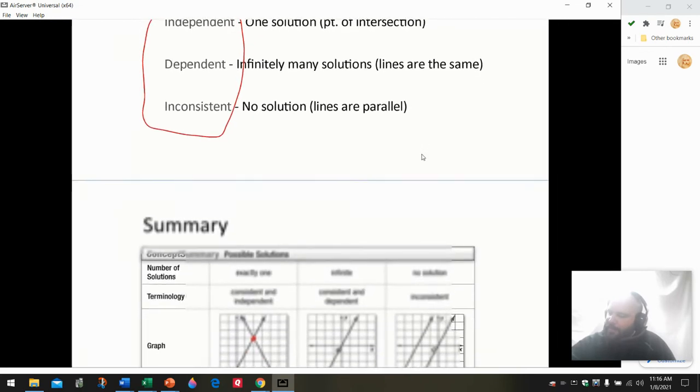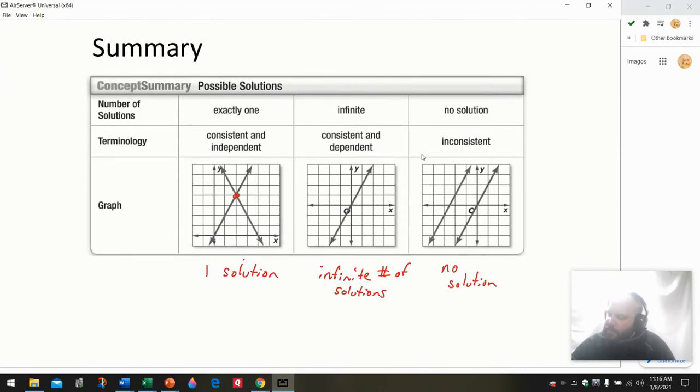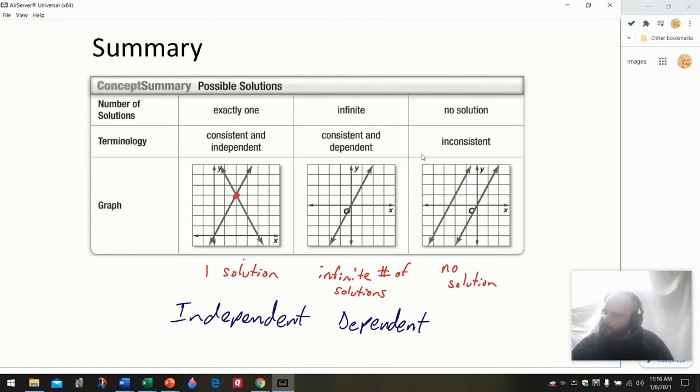So as I scroll back down here, then this would be called independent. The second one would be dependent. And then the last one would be called inconsistent.